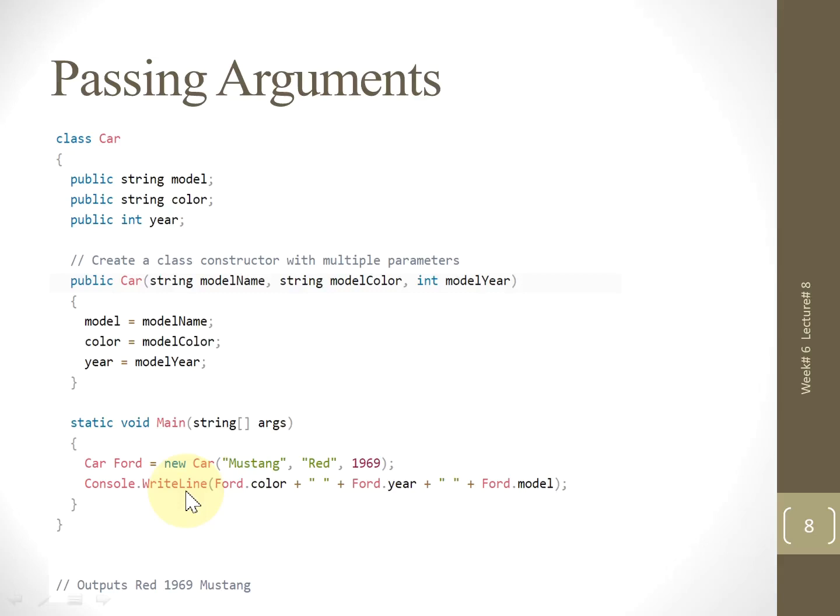Within the next line we have printed all those data members. First we call the first data member, that is Ford.color, then the second data member, which is Ford.year, concatenated with Ford.model. So we have printed all three data members with the help of the object.